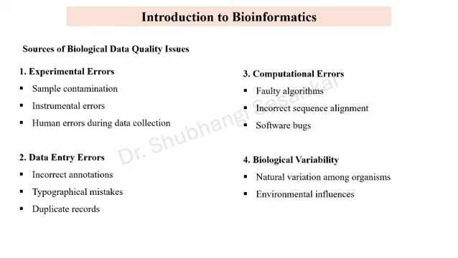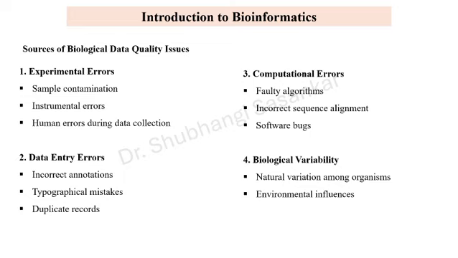These errors might affect the quality of biological data. The second source is data entry. If we insert incorrect annotations, typographical mistakes, or duplicate records, it also affects the biological database.